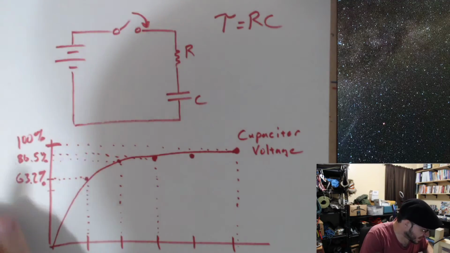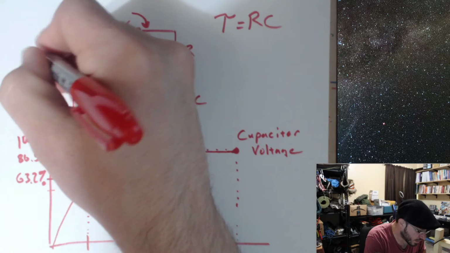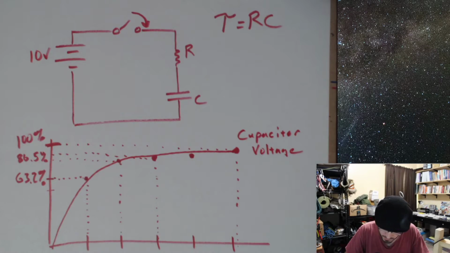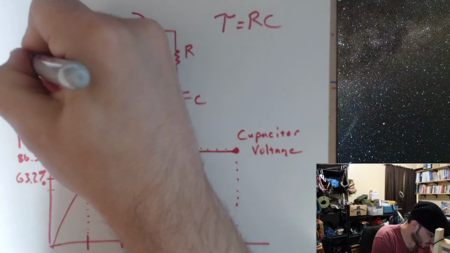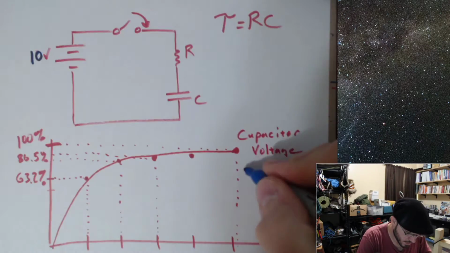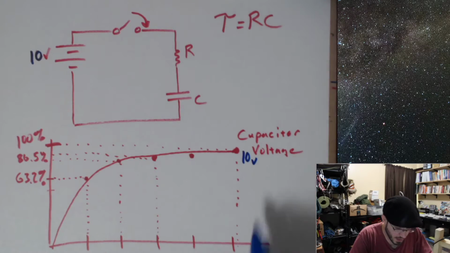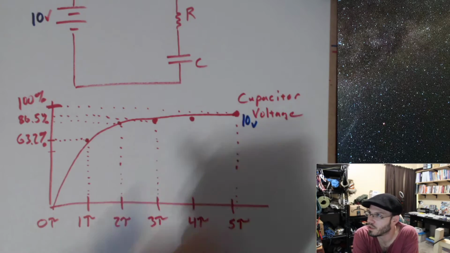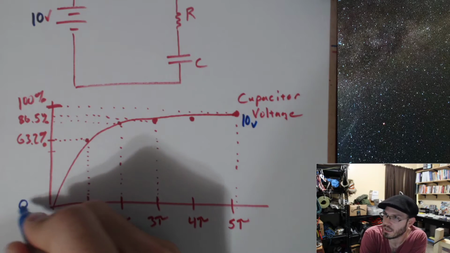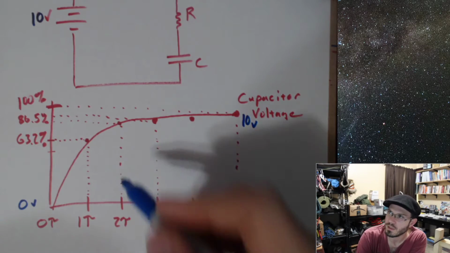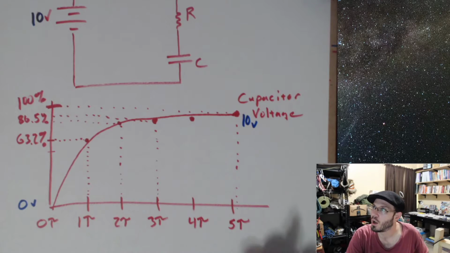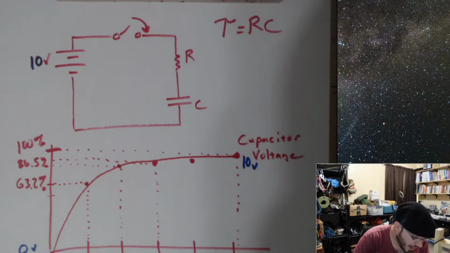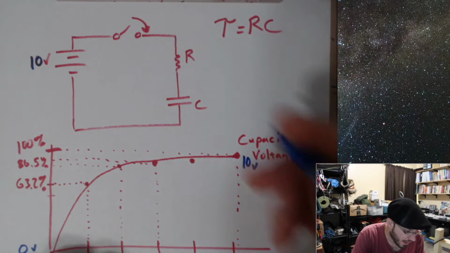So if we had, say, 10 volts, well, our max value is going to be 10 volts over here, where we start at 0% of our max value, which is 0 volts. Okay, and then after 1 times the RC time constant, let's go ahead and give ourselves some values here.